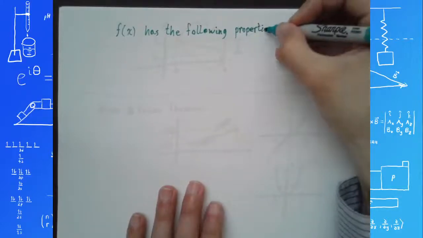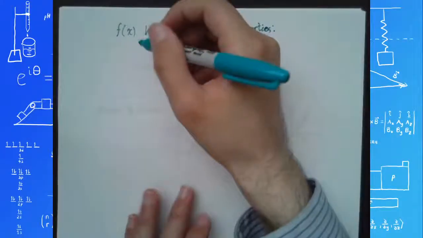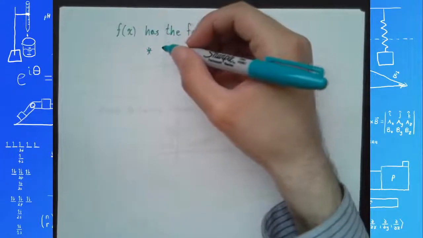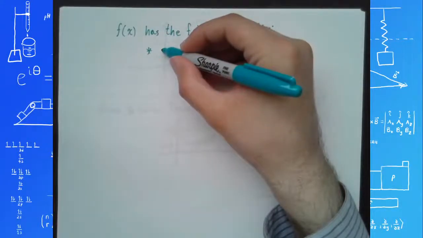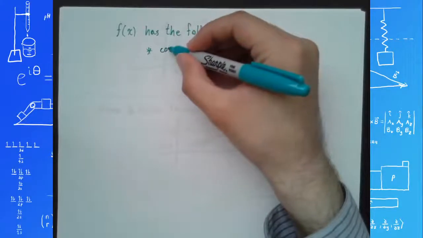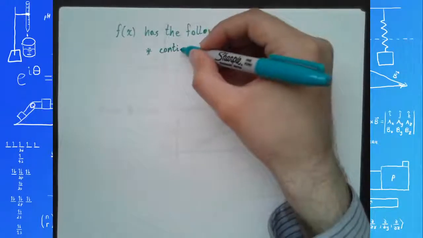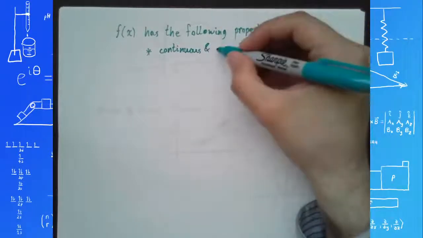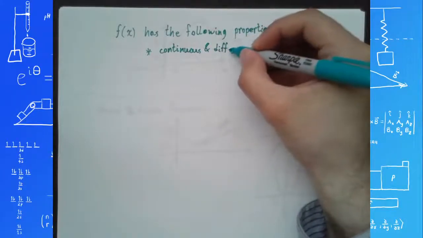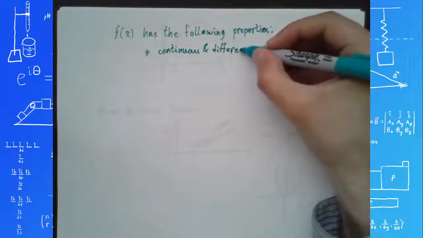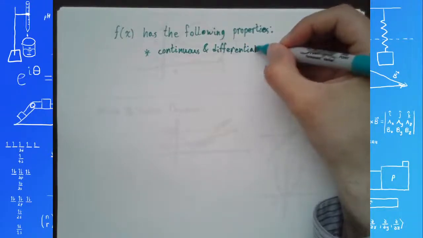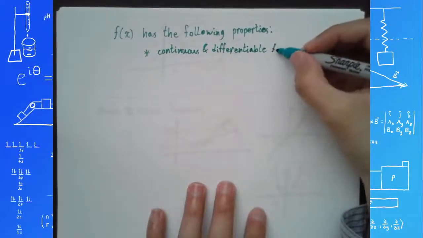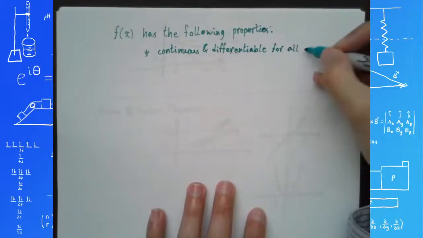So first it'll tell you, for example, that it is continuous and differentiable. Let's say it's continuous and differentiable for all x.